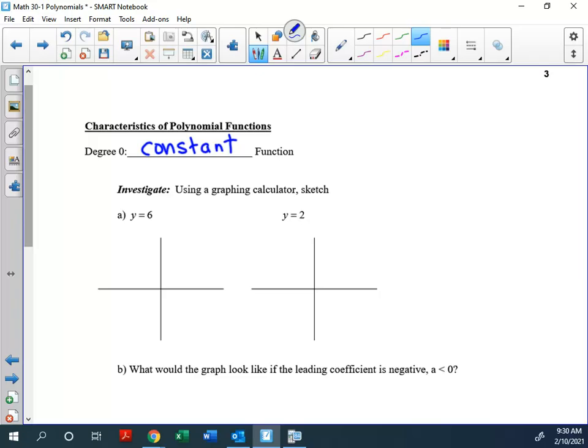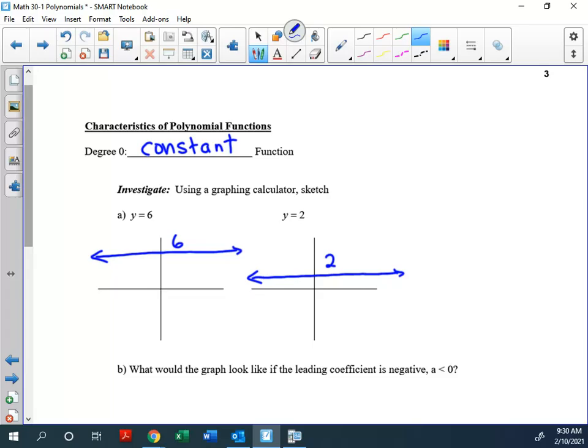So this is simply going to go through 6, and is going to be a horizontal line. And it doesn't change, it's constant, it's always 6. So y is equal to 2, again, this is a horizontal line constantly at a y value of 2. We did that in 10C.